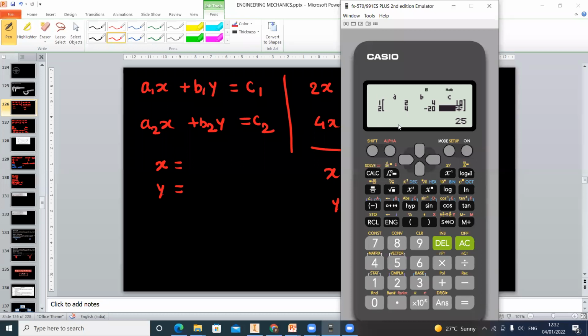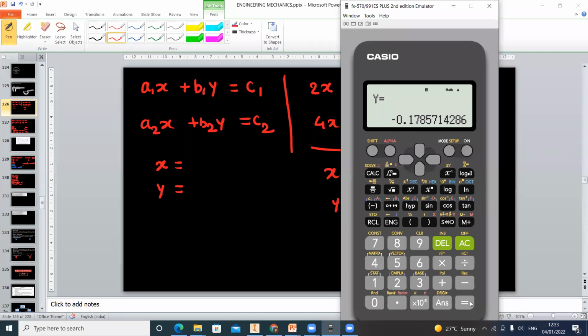Once you enter all the values a1, b1, c1, a2, b2, c2, press equal to. This is the answer for the x variable. It is in a fraction, press S to D, so 5.35. Again press equal to, it is minus 5 upon 28, press S to D, so it is minus 0.70.